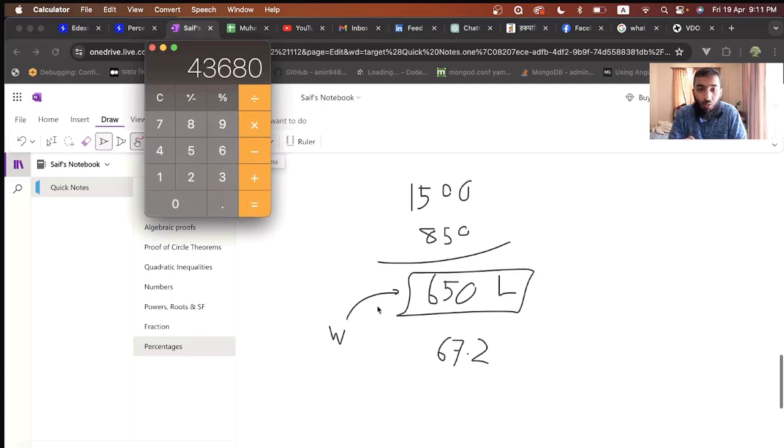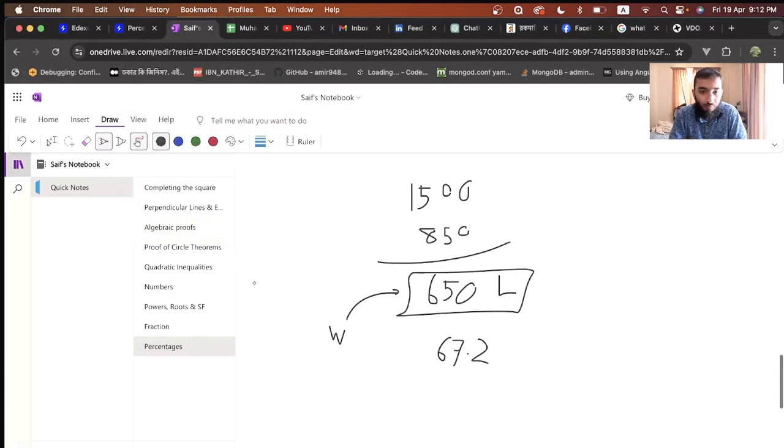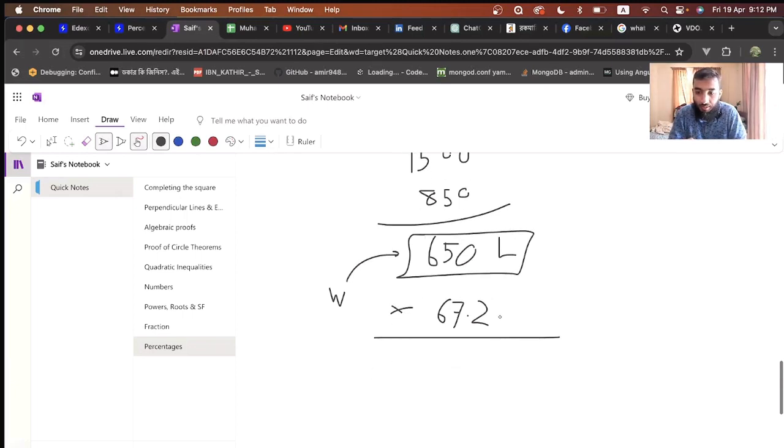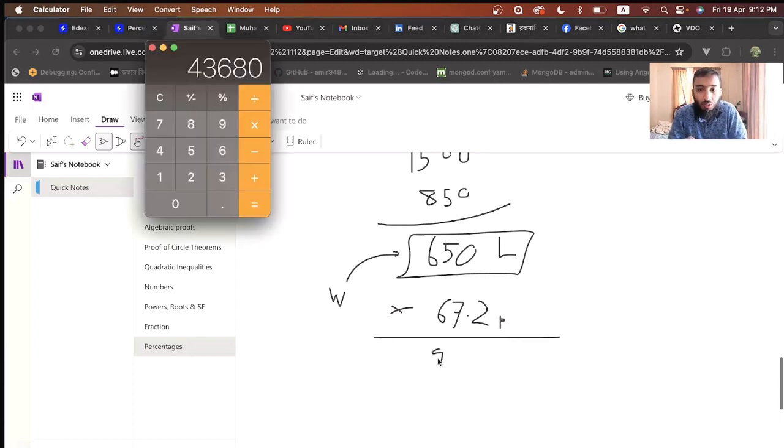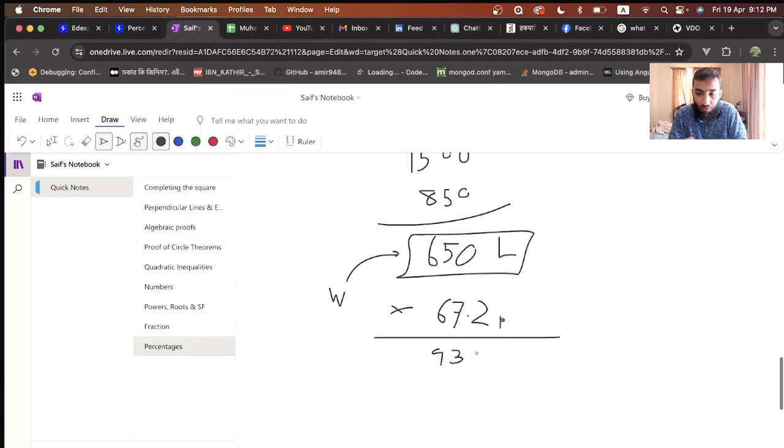So if I multiply 650 liters with 67.2 pence, we get 43,680. Now this is of course in pence.